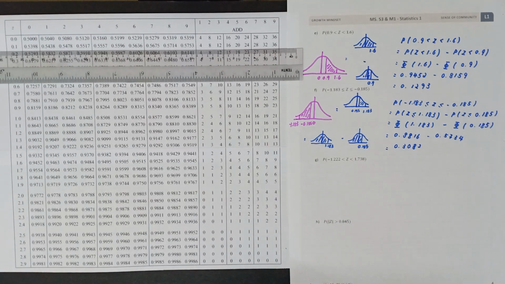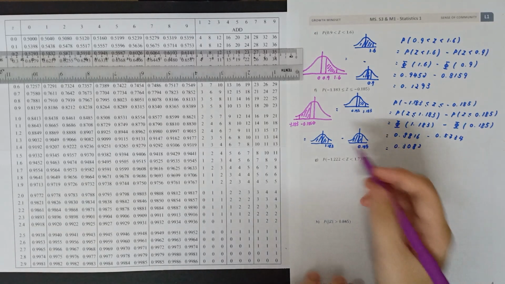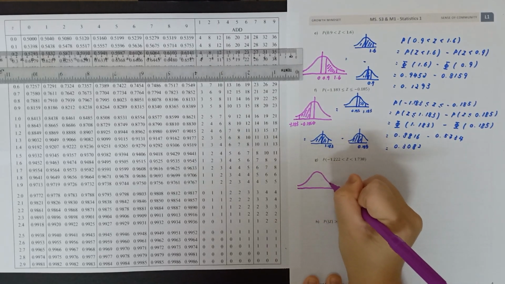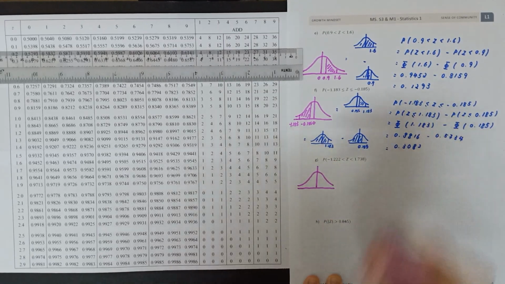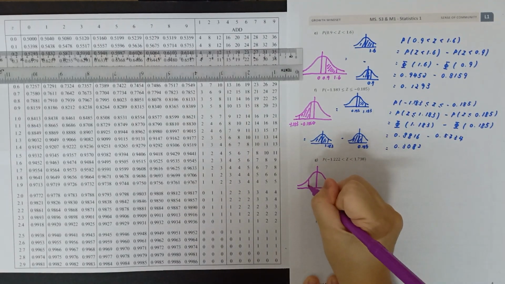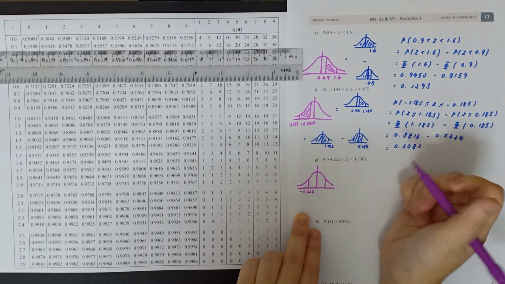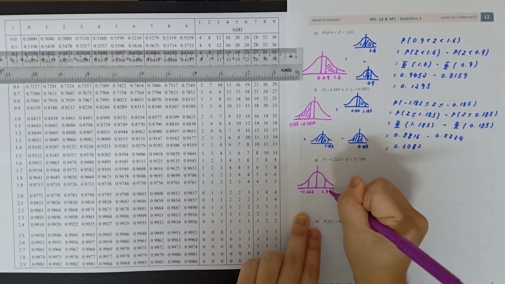Okay, so probability for Z in between negative 1.222 and smaller than 1.738. Same thing, start with drawing your graph. Now one negative, one positive: negative 1.222 and the positive one is at 1.738.